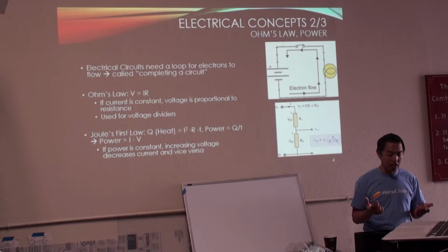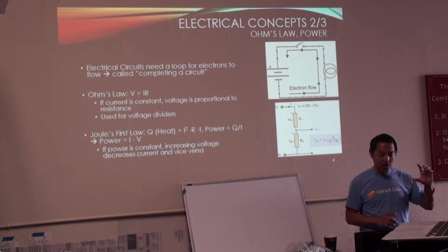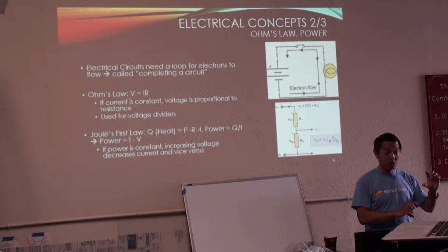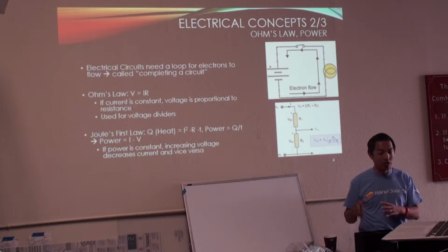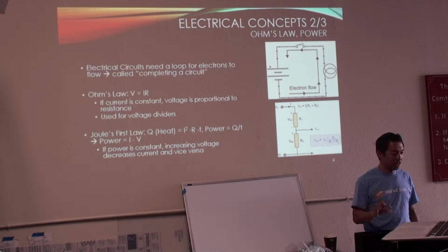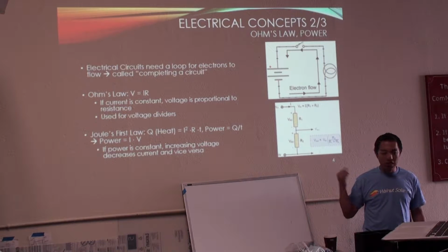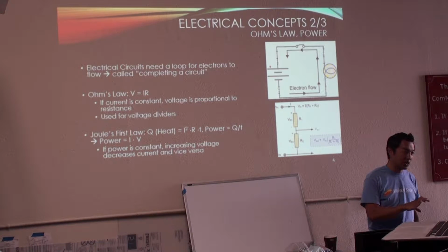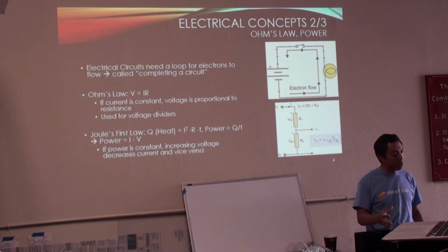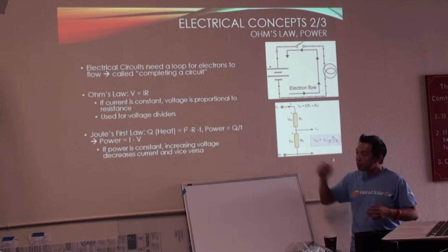If you think about it, a water tank with lower pressure and a wider hose can have the same amount of current flow, water flow, as a high pressure, thinner hose. So what does that mean in terms of resistance? Well, when you have a wider hose, you tend to have less resistance to the water flow, and if you have a thinner hose, you have more resistance. And so that's how these play together.